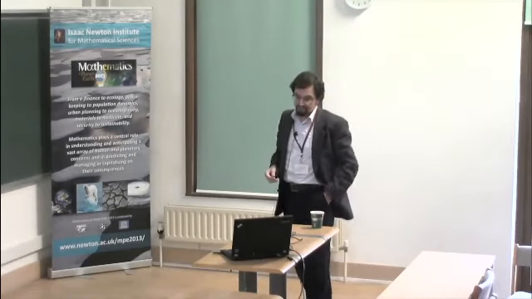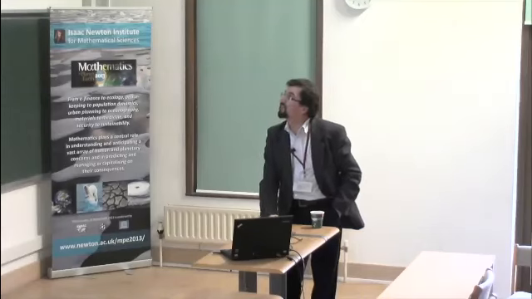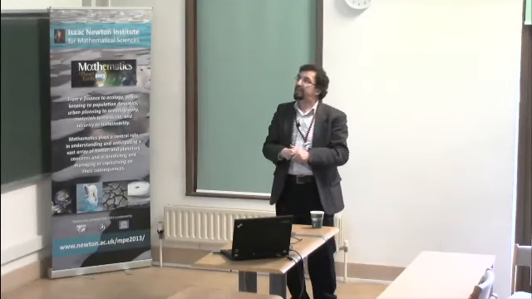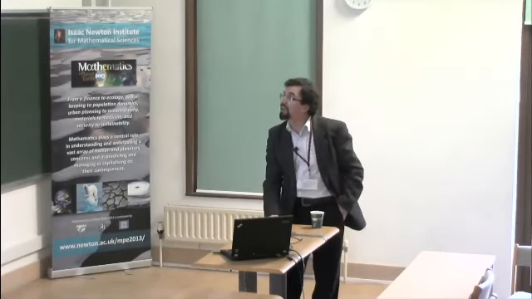In this case, the molecules are disc-like to begin with, and when you put them in water, they simply would like to hide their hydrophobic faces from water, and that leads to non-covalent aggregation that creates an elongated domain.